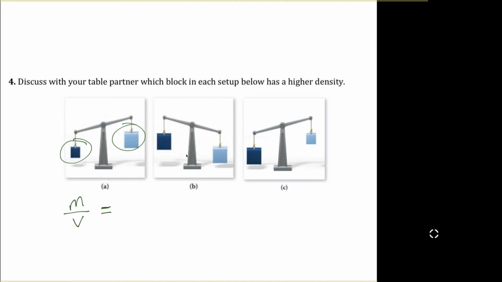Well, how does the mass of the block on the right compare to the mass of the block on the left? Well, because the scale is tilted, the one on the right has a smaller mass. The one on the left is going to have a larger mass. However, do you see how the one on the right is bigger? Well, it's bigger, meaning that it has a bigger volume.